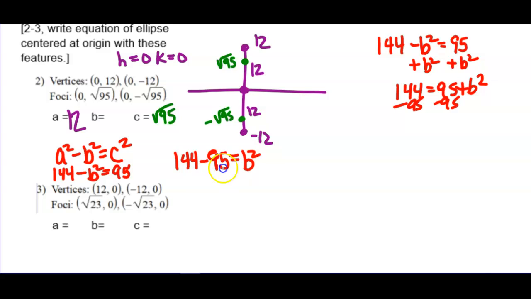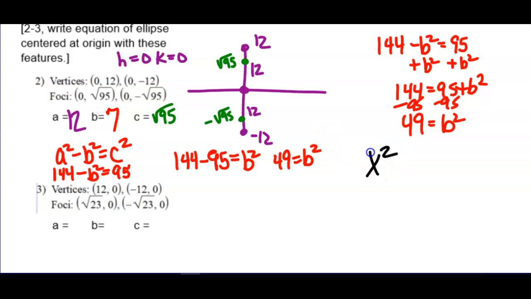Okay, 144 minus 95, in case I'm brain dead, is 49. So B is 7, but we only need to write the equation, we really only need the B squared anyway.